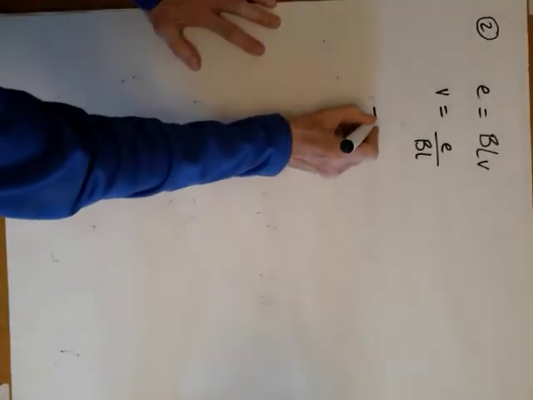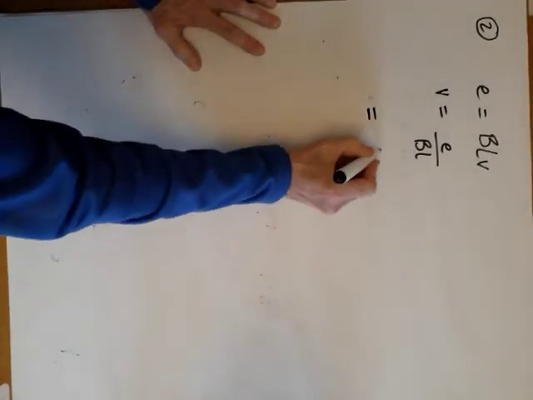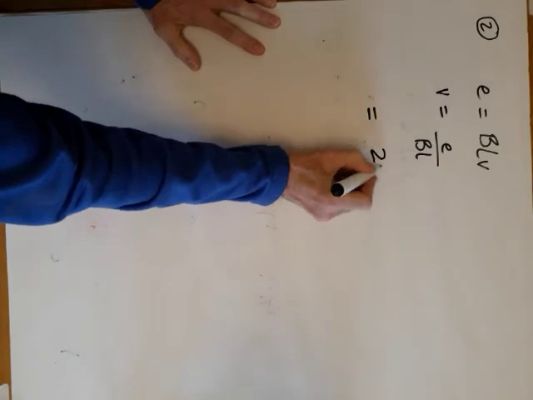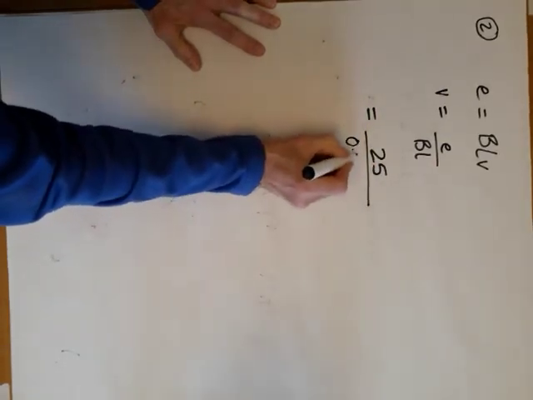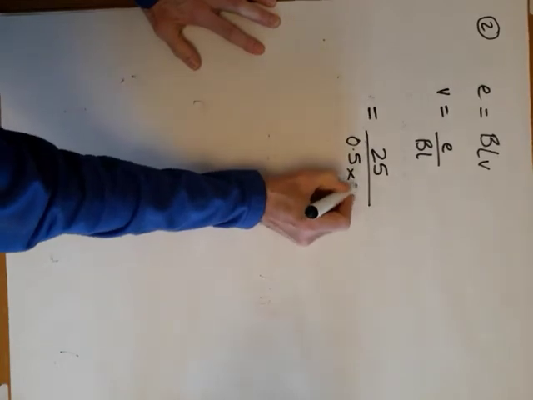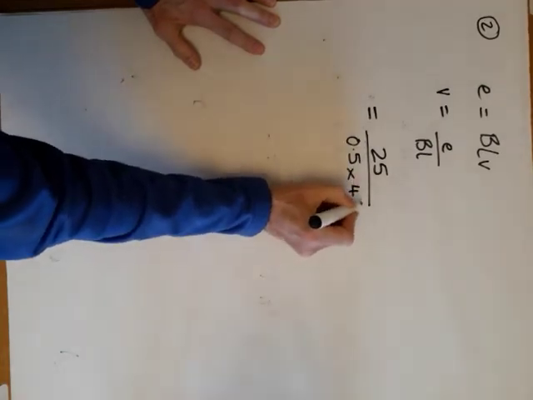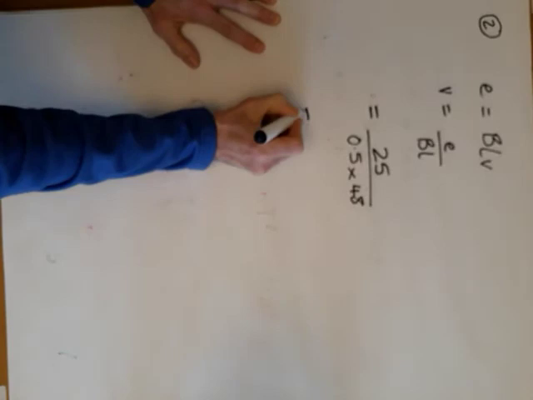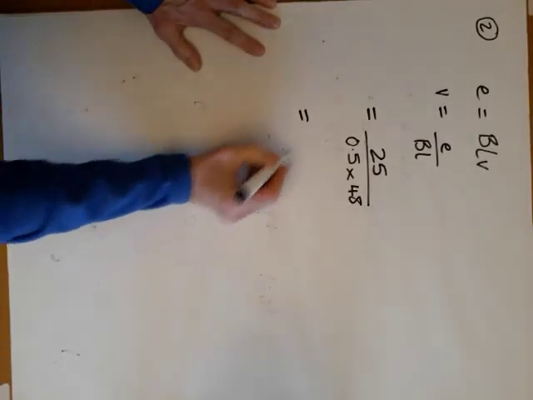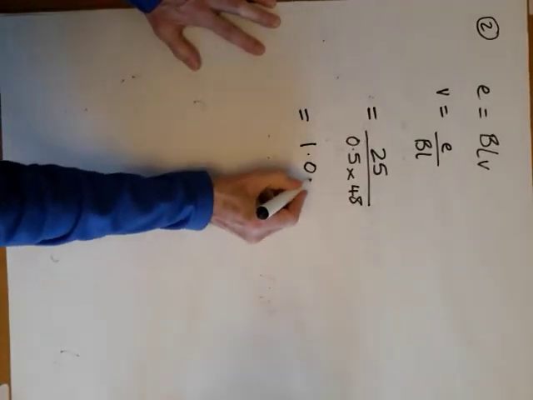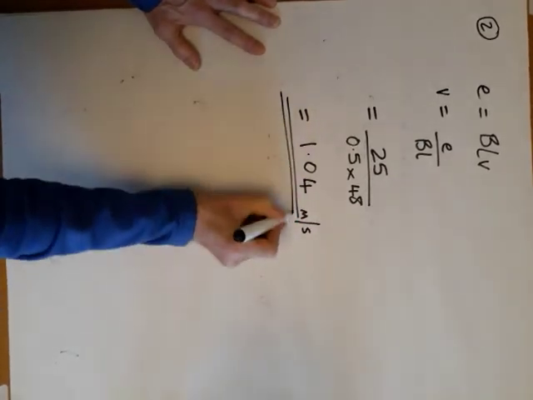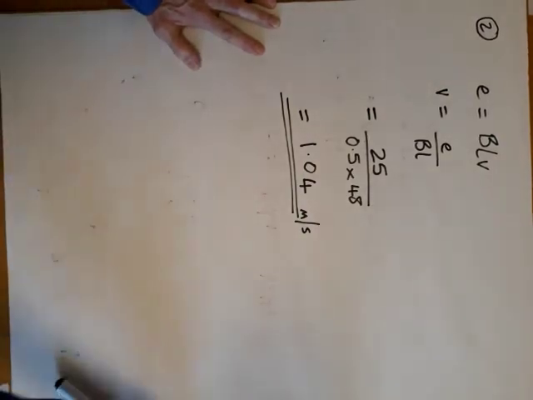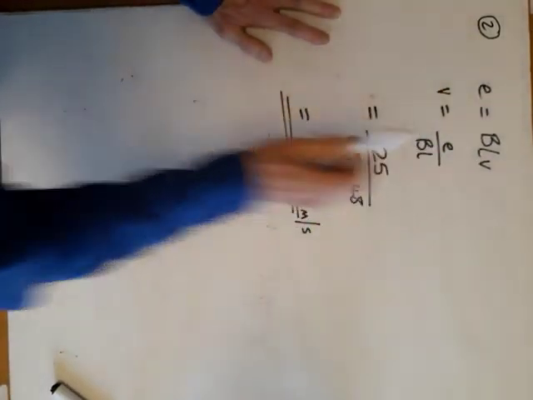Put your numbers in, and the EMF was 25 volts, flux density 0.5 and 48. If you put that into your calculator, I'm hoping you're going to come up with 1.04 meters per second.